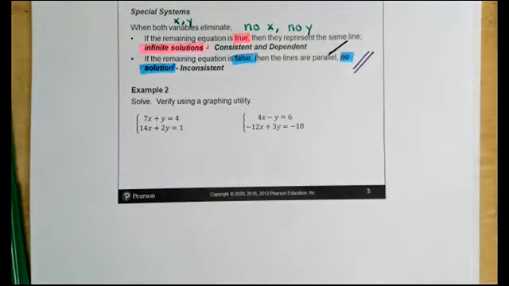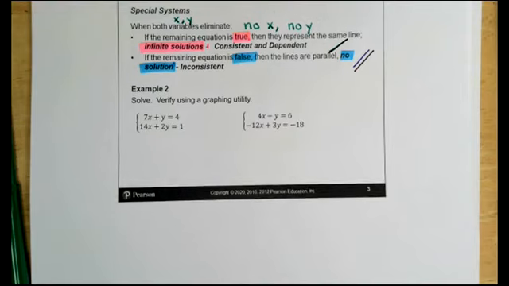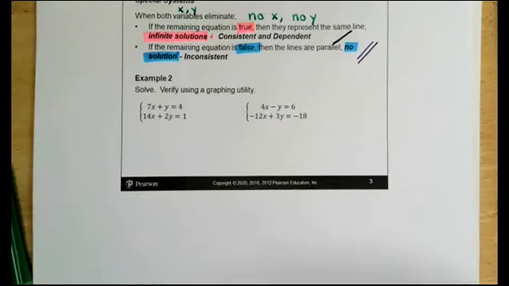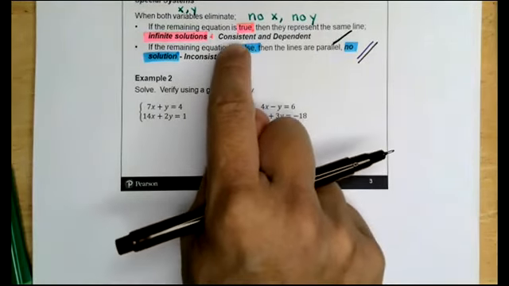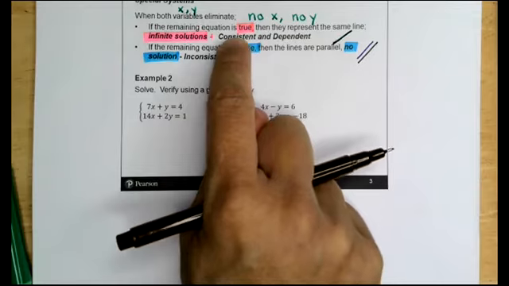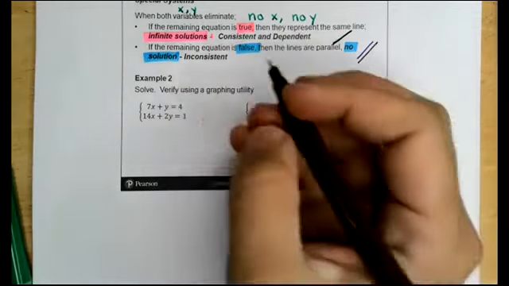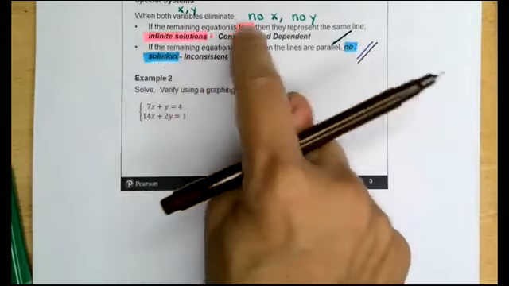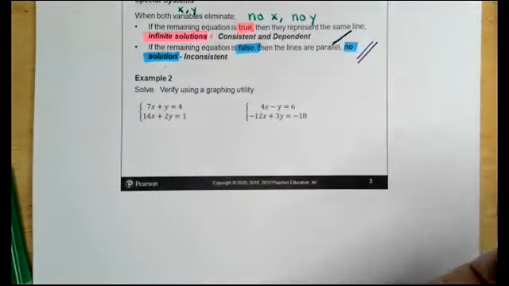No solution, there's nowhere they will ever cross, okay? So let's see if these are special systems. And my math lab might ask you about consistent, dependent, and inconsistent. They just go with those. No solution is inconsistent. Infinite solutions is consistent.